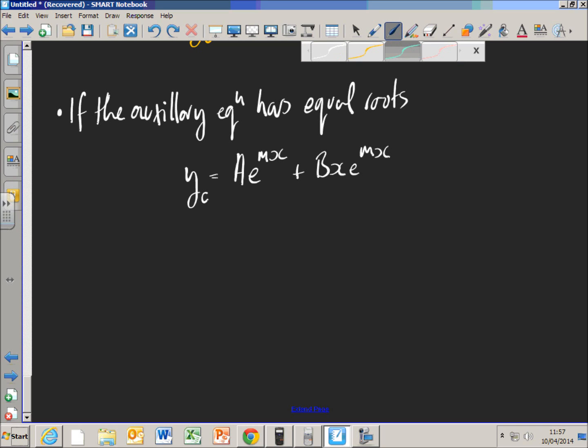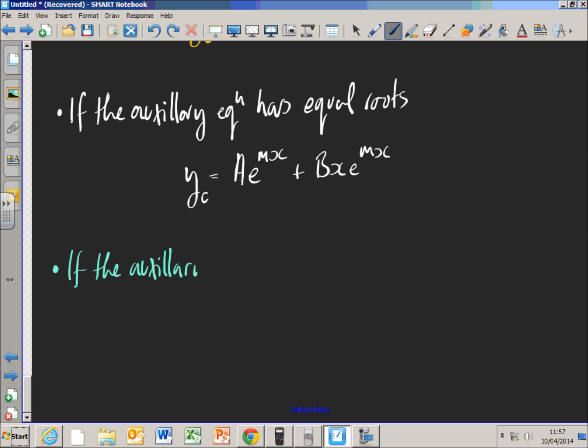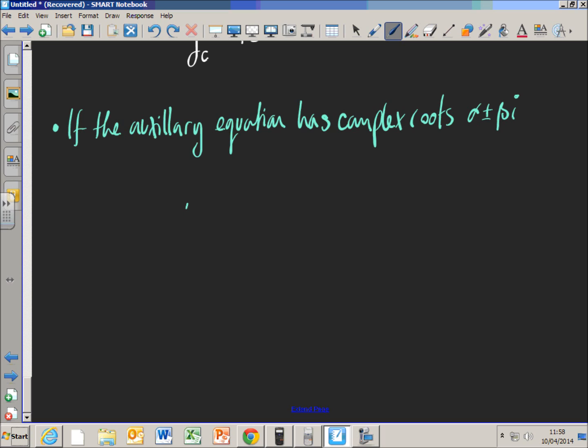And then finally, if the auxiliary equation has complex roots, and the complex roots are alpha plus or minus beta i, then what form does the solution have? e to the alpha x, and it doesn't matter which way around it is, does it?